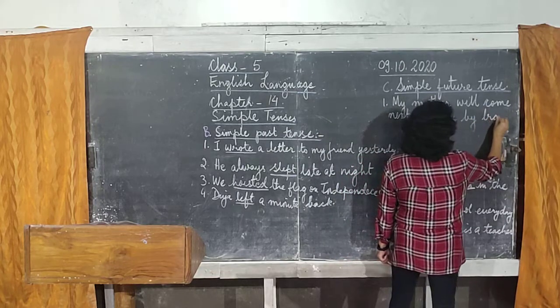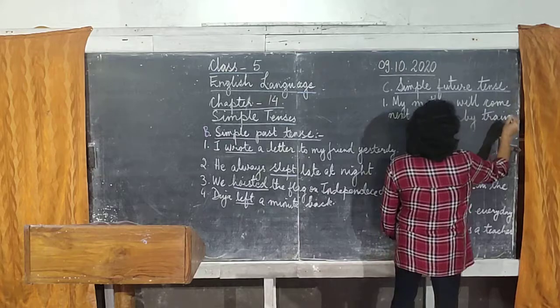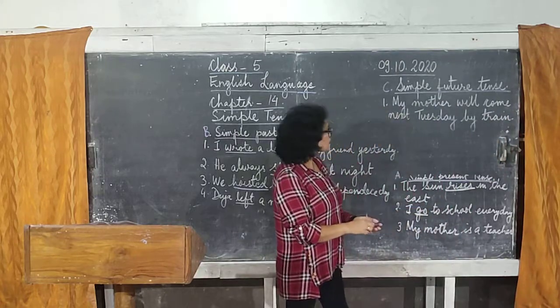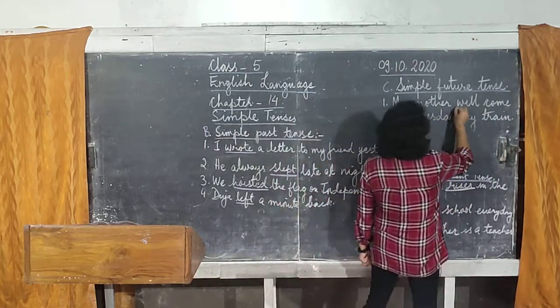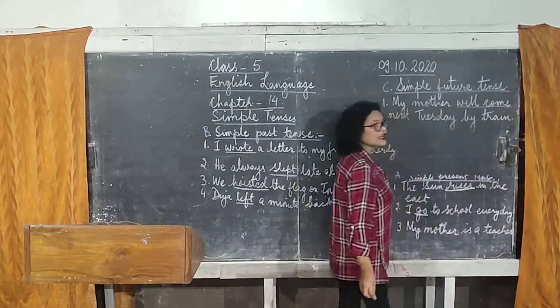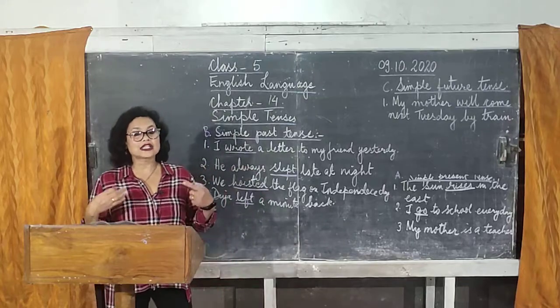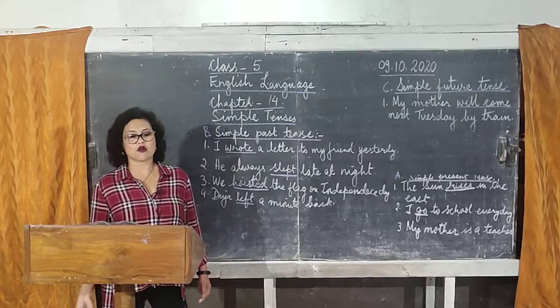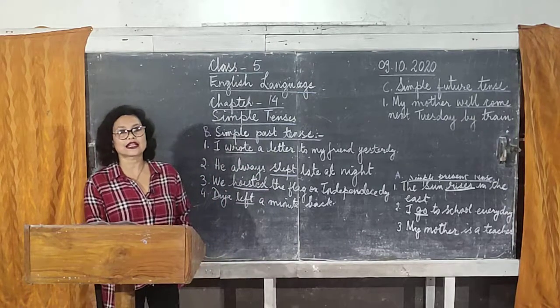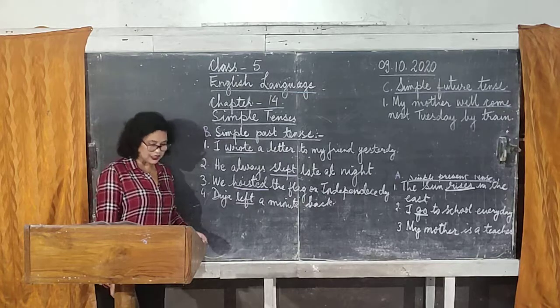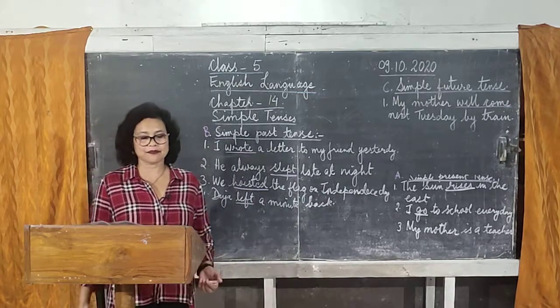Your mother is coming or my mother is coming next Tuesday by train. Will come. Will come is the future tense. Or I shall do my homework tomorrow. You like doing all that tomorrow. Always, right children? You never do work on time.